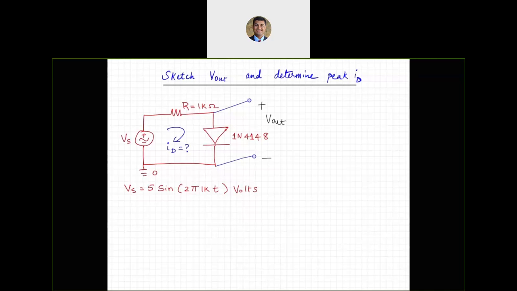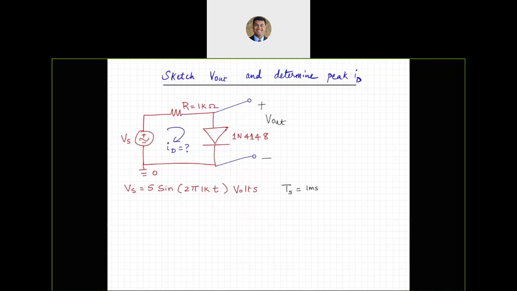We have a voltage source, and now we are specifying it: amplitude 5, sine 2 pi 1 kt. So the frequency is 1 kilohertz, which right away tells me that the time period for this source, TS, is 1 millisecond.